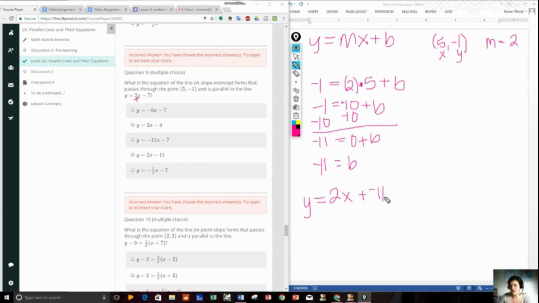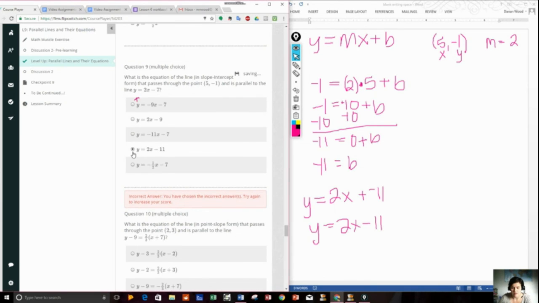Okay, now plus negative 11 is rewritten as just minus 11. So we're looking for an equation of y equals 2x minus 11. Y equals 2x minus 11. There we go.